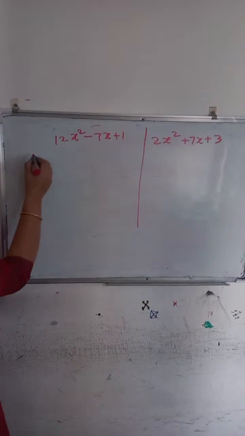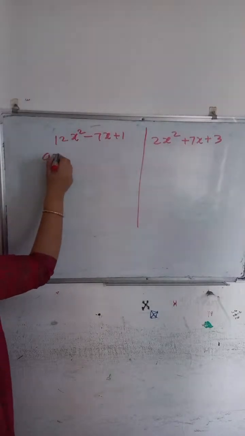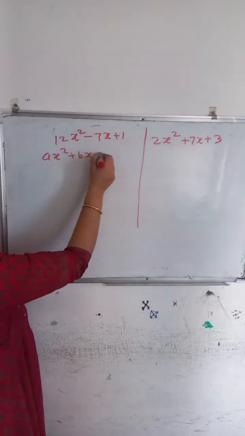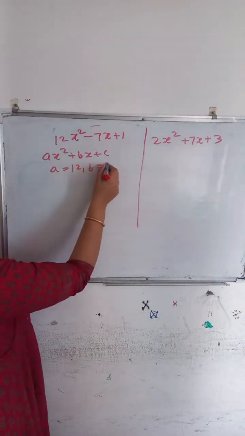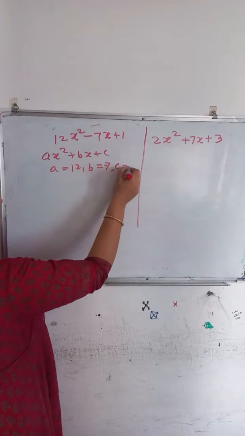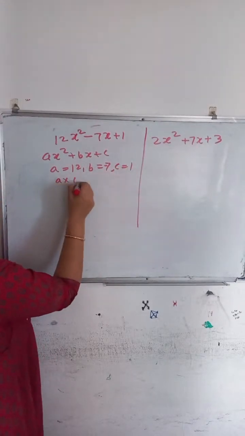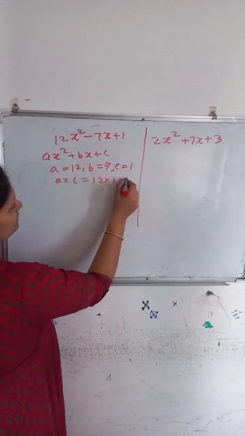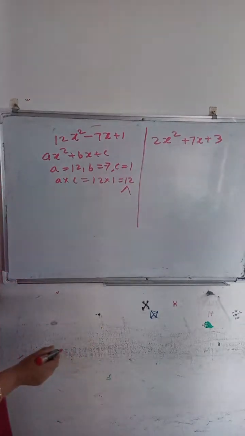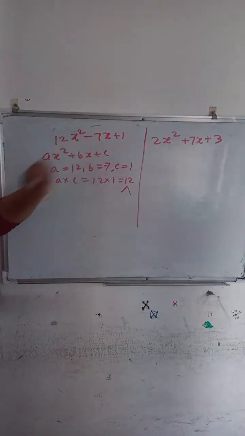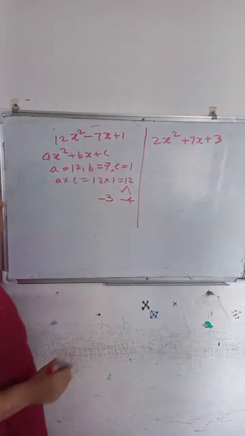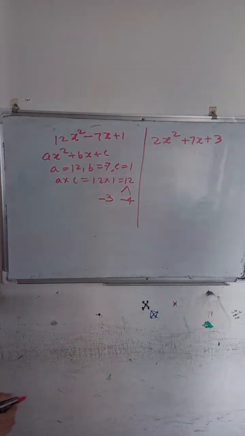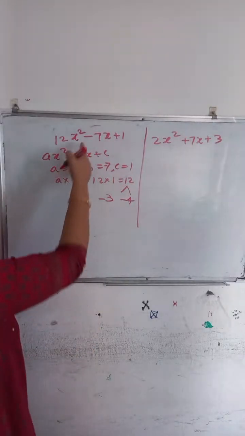Yesterday I told you, ax² + bx + c is a standard equation. Here a is 12, b is −7 and c is 1. So a times c is 12, and we divide 12 in such a way that the sum comes to −7. So 3 and 4 with minus signs: −4 − 3 is −7.